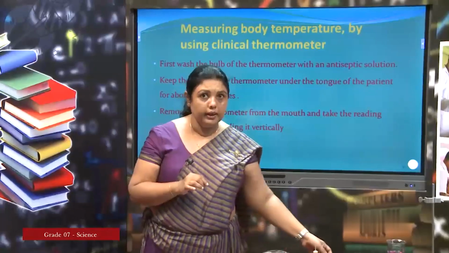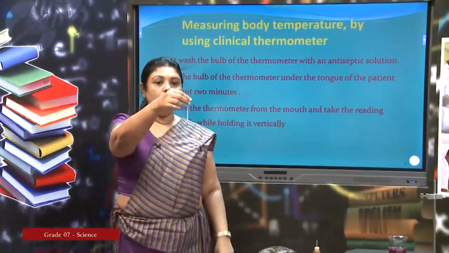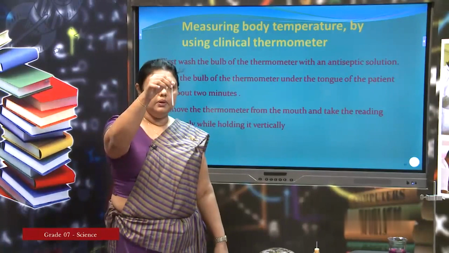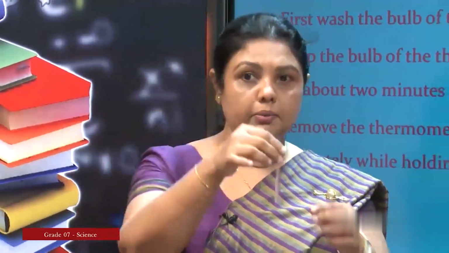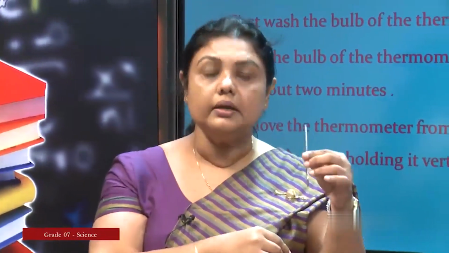I will show you again how you hold it vertically, this way. You don't take it somewhere else, you hold it vertically like this and measure your body temperature. If not, you will get a different temperature, not the correct temperature.